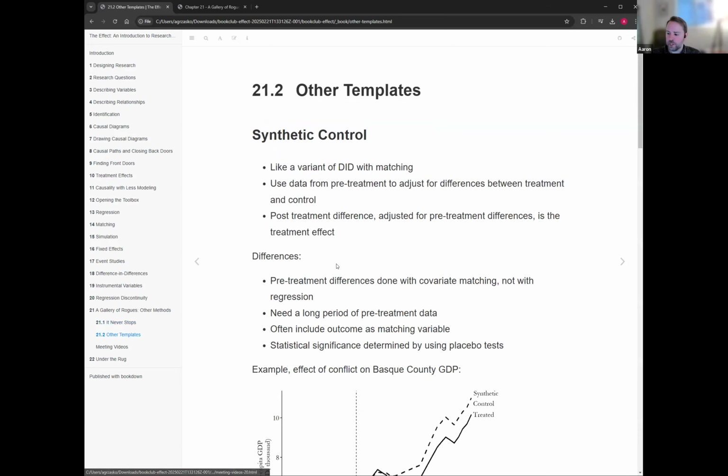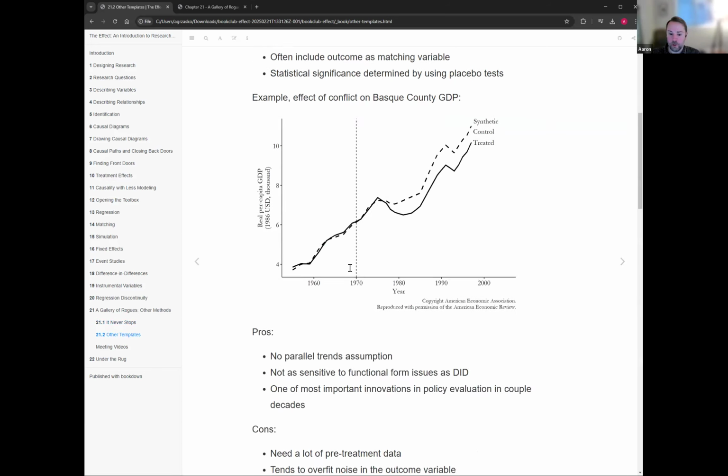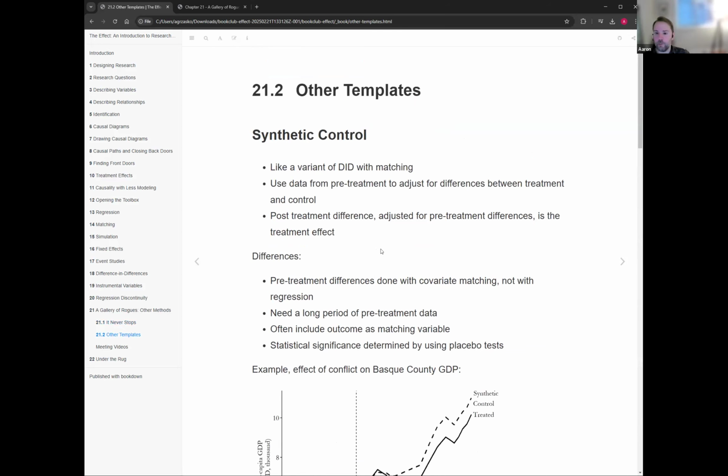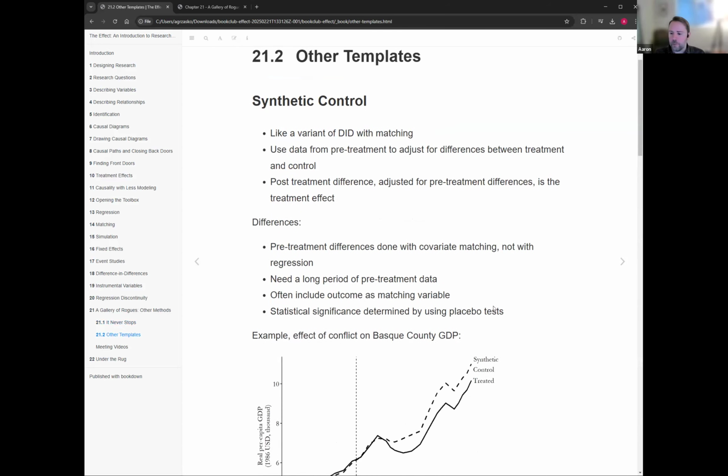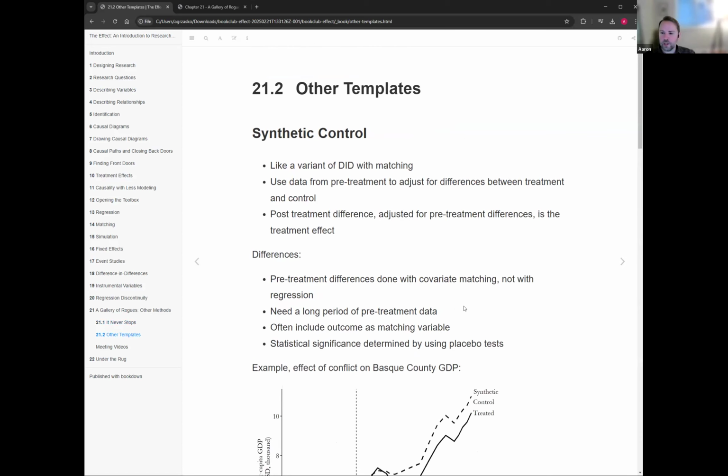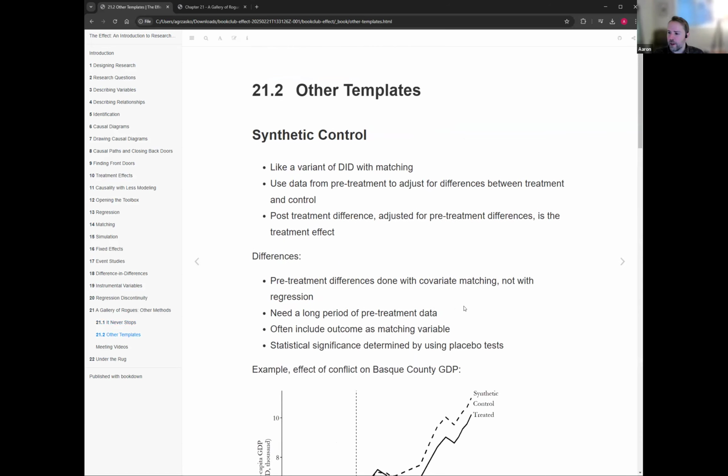In our remaining time, or maybe even sooner, we'll go through three different methods that are out there. The first one is synthetic control. Sarah, are you aware of this method? Have you used this one in any of your research? Yeah, I actually used it in a master's project. The cool thing about it is you just have one treated unit and you can still do something with it.